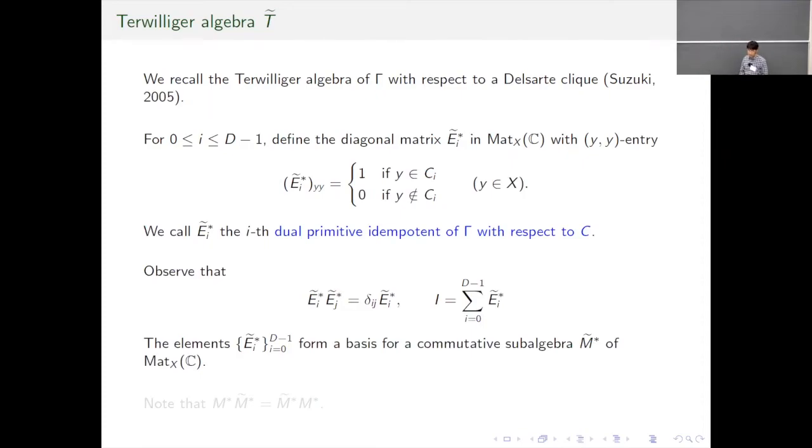So these elements form a basis for the commutative subalgebra M star tilde of Mat_XC. Because Ei star tilde are diagonal matrices, and M star also has a basis consisting of diagonal matrices, they commute with each other.